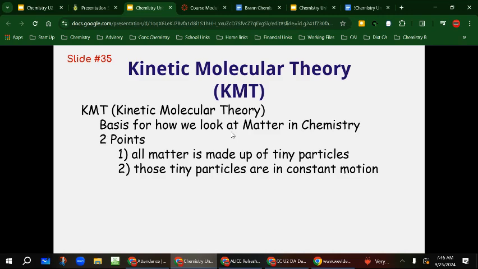And the reason it's still a theory is because we haven't gotten matter cold enough to stop this motion. By the way, if you are constantly moving, you constantly have what? Kinetic energy. All the time. Questions? All right.